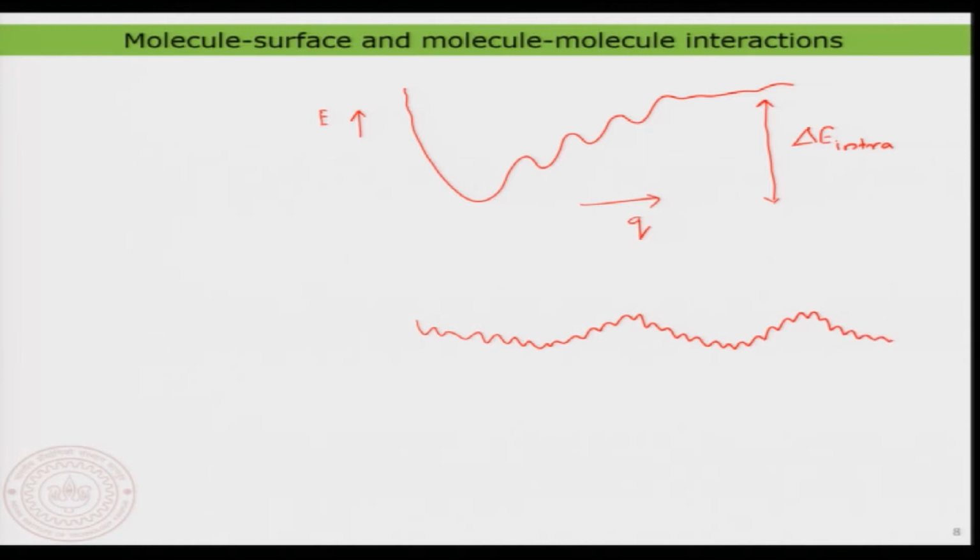However, there is a periodicity that one can see.